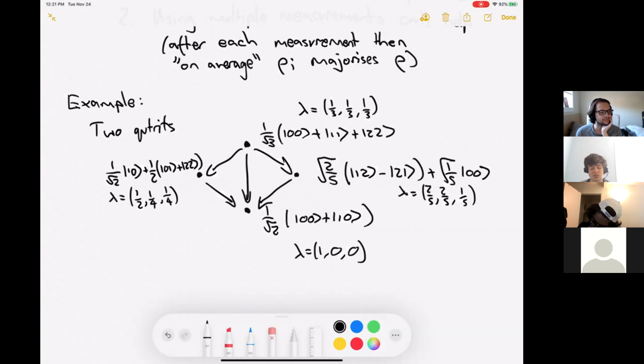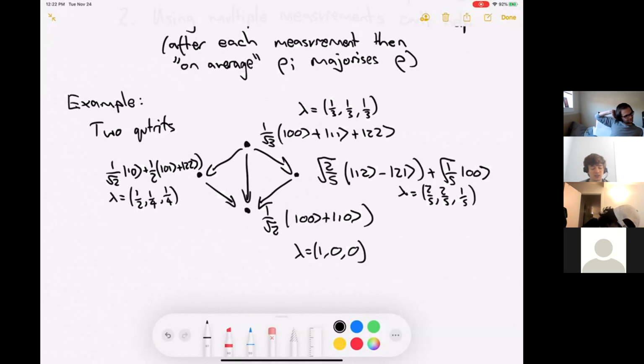But we also have these two states, right? On the left, we have the state with eigenvalues a half, a quarter, a quarter. On the right, we have 2/5, 2/5, 1/5. So let's see if we can get from one of them to the other. Well, a half is bigger than 2/5. That means we definitely can't get from the left state to the right state, because that would make the largest eigenvalue smaller. It doesn't majorize it.